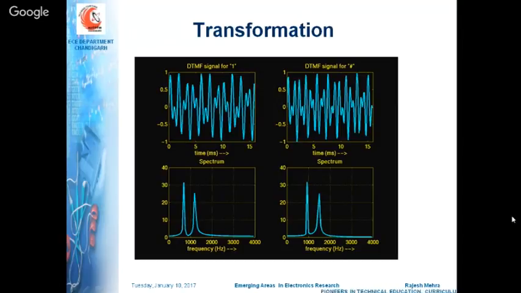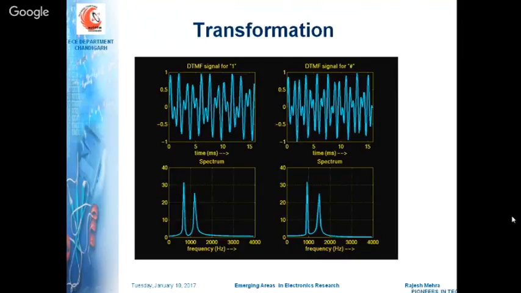Here you can see that these two waveforms include a signal that consists of two frequency components. In our earlier waveforms, you can't predict, but here you can see that two different frequency components are available. So by changing the form of the signal, you can analyze the signal. This is one example of why we need transformation.